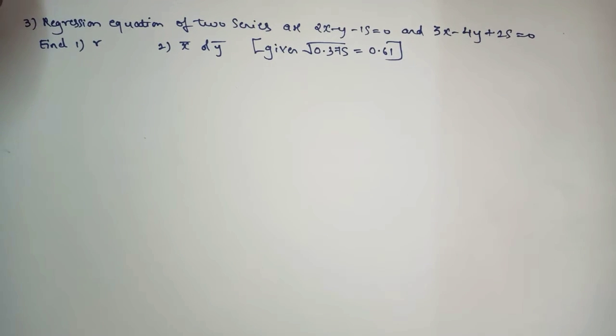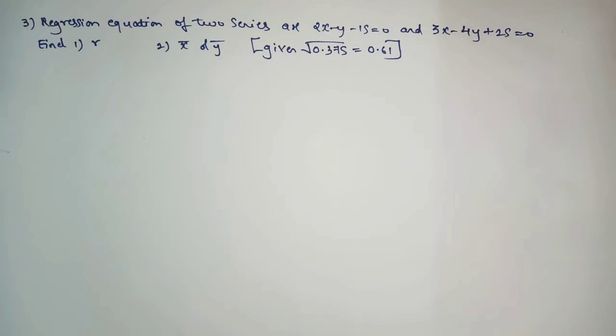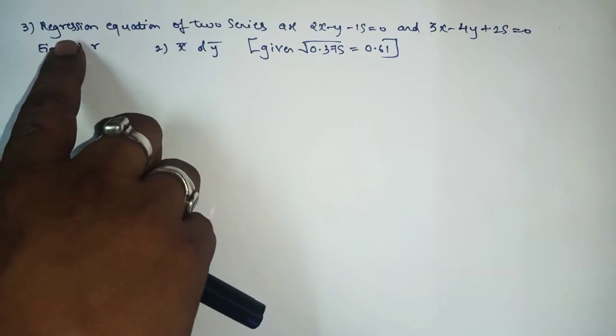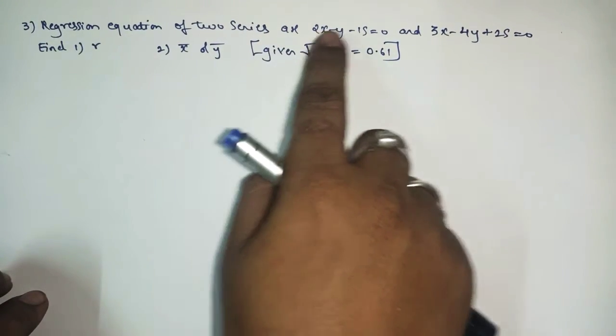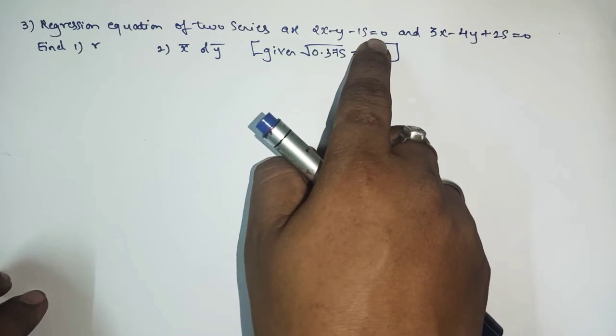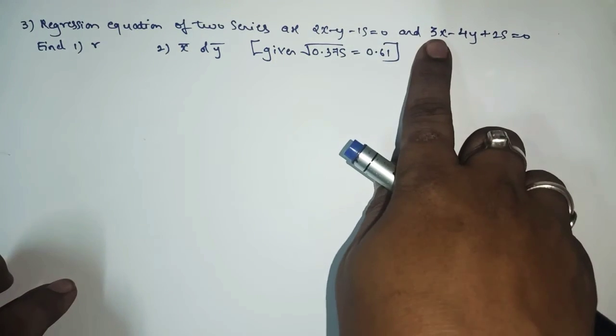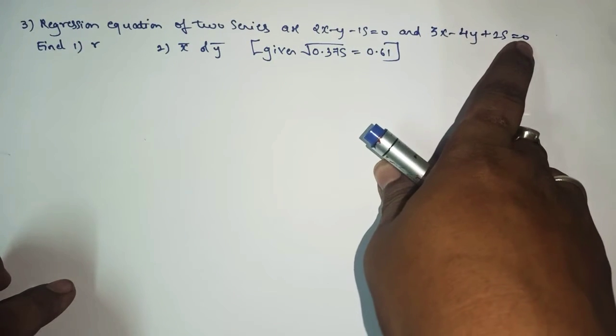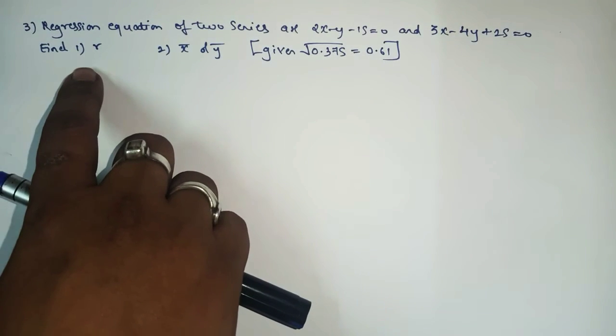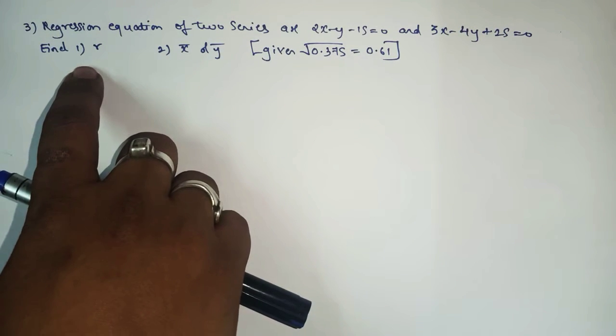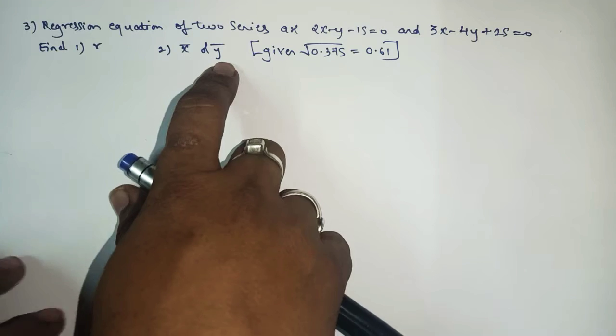Okay, so now let's see the third example. As it says, the regression equations of two series are 2x minus y minus 15 equals 0 and 3x minus 4y plus 25 equals 0. Again, same as before, you have to find the value of r, x mean, and y mean.